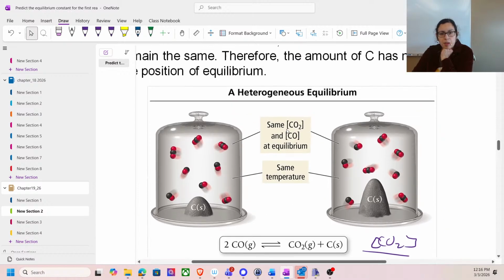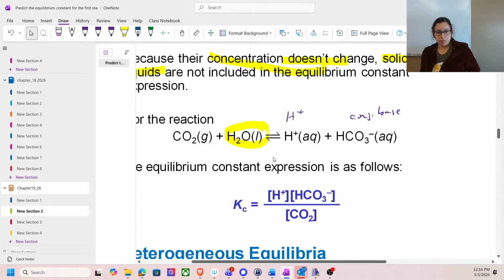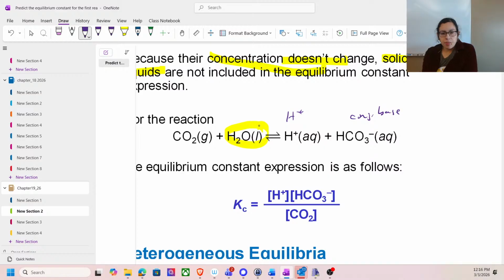And so looking back, there's still a question about the liquid. The thing about the liquid is that it's basically infinitely concentrated because it's all your reactant. It's different and maybe confusing because we use a lot of aqueous solutions in lab, but usually there's some sort of concentration and a molarity.